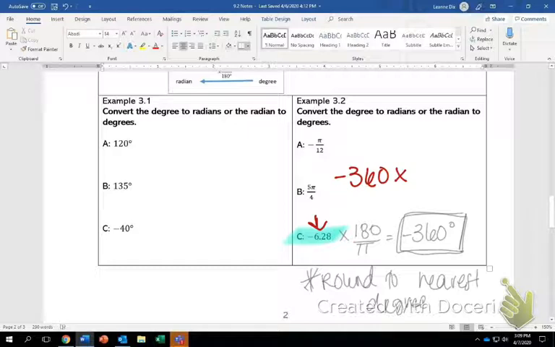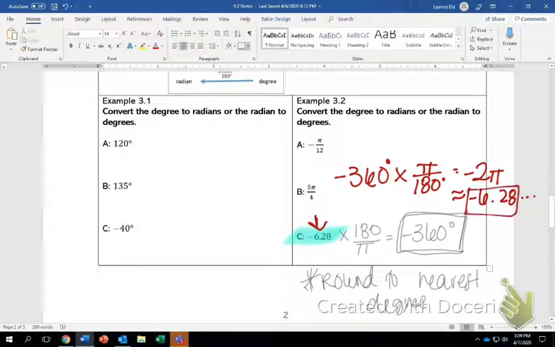So 360 degrees times, I'm trying to cancel out the degrees, so it's going to be pi over 180 degrees. This is going to give me a negative 2 pi. If I plug negative 2 pi into my calculator, I get negative 6.28, etc. So this is actually true. This is actually a negative 360 degrees.